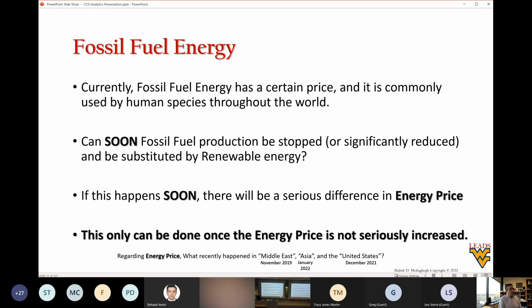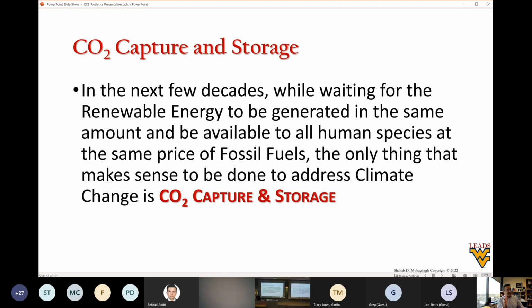Honestly, the answer is no. For the next few decades, while waiting for renewable energy to be generated in the same amount and be available to all human species at the same price as the fossil fuel now, the only thing that makes sense to be done to address climate change is CO2 capture and storage. So it is all about reality and science rather than politics.